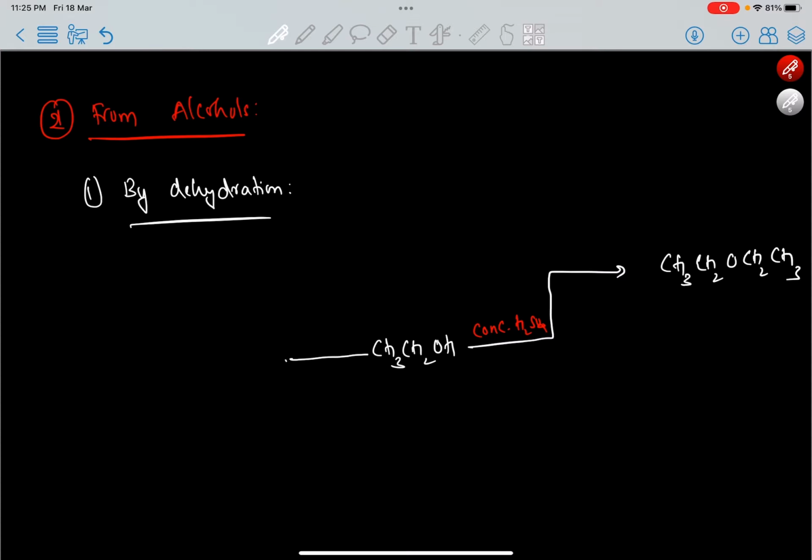Same reaction will happen if I take Al2O3, that is aluminum oxide, at 250 degrees Celsius.